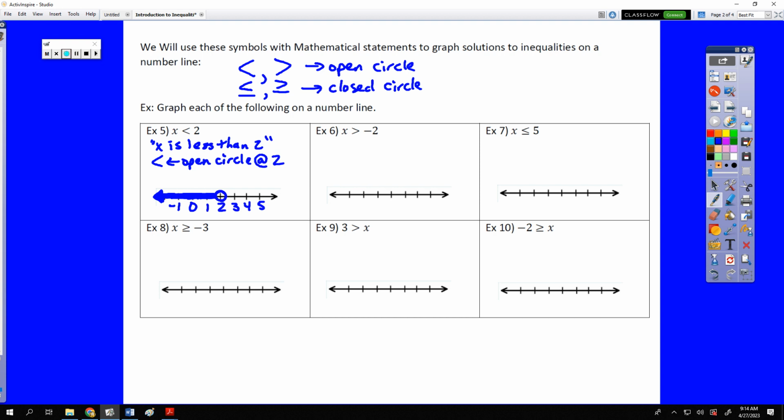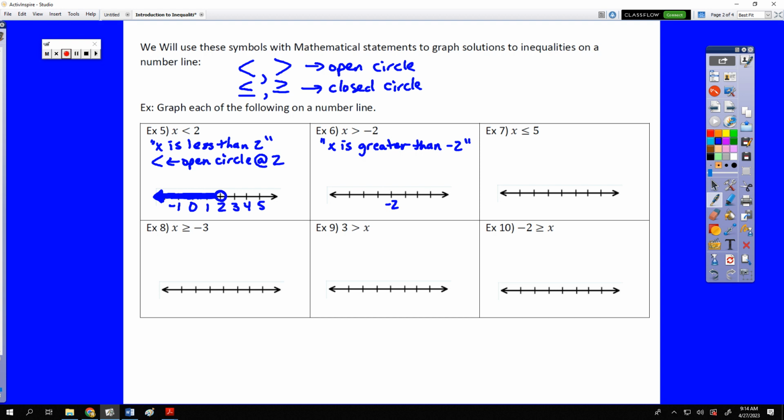Next example. X is greater than negative 2. So again, we are going to put negative 2 right in the middle of our number line.